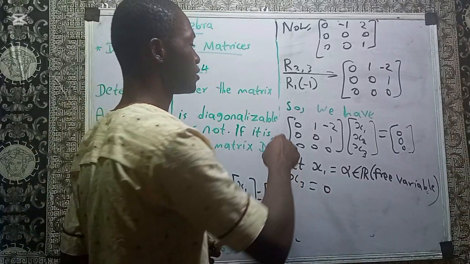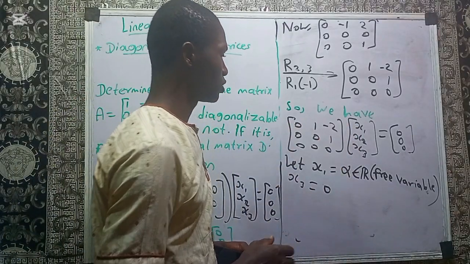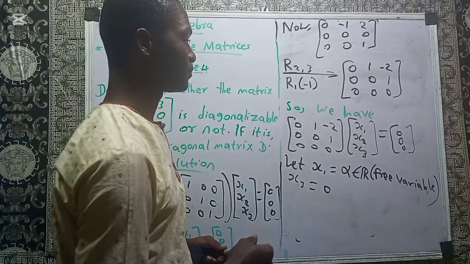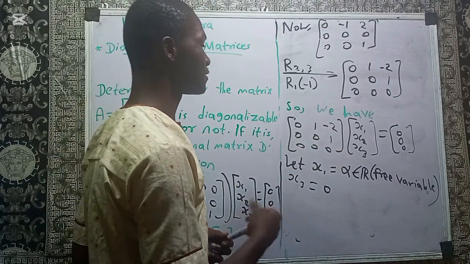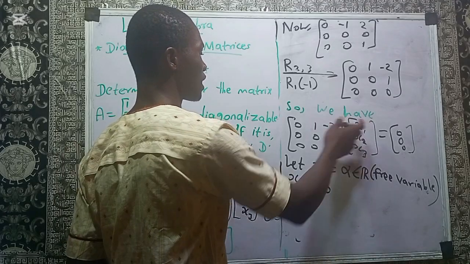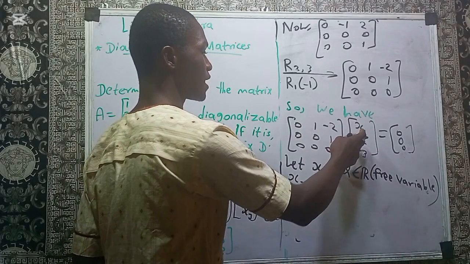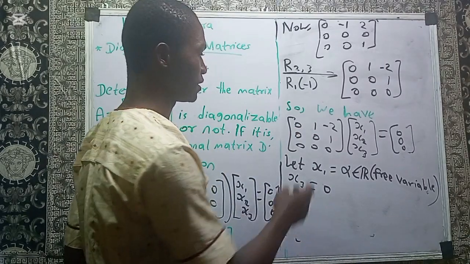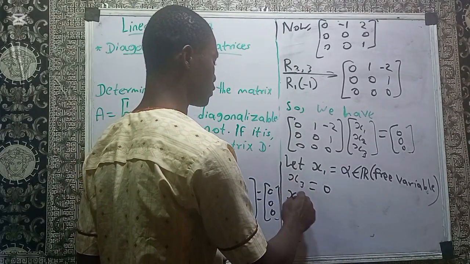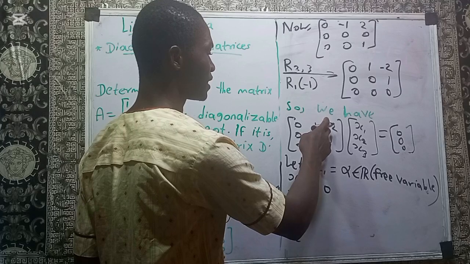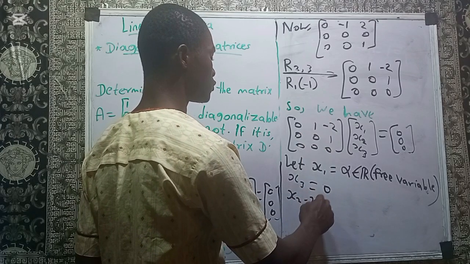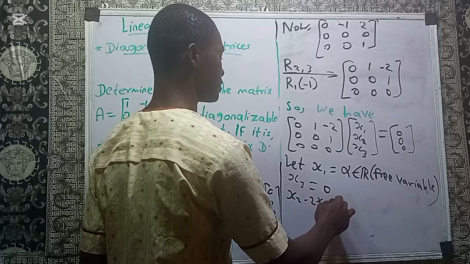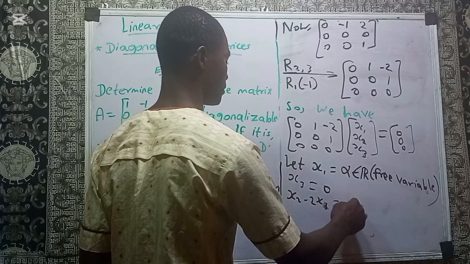So let's go to the first row, row 1. Let's do the multiplication. x1 multiplied by 0 is 0, plus x2 multiplied by 1 is x2, plus x3 multiplied by -2 is -2x3, equal to 0.